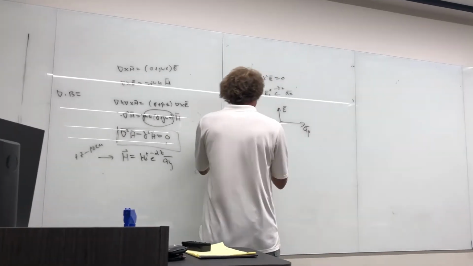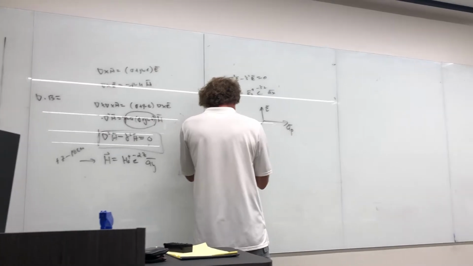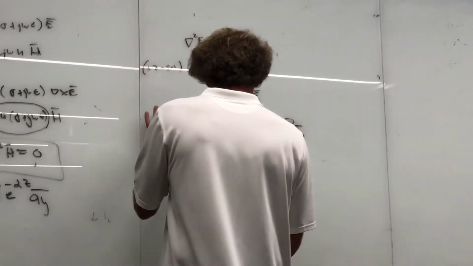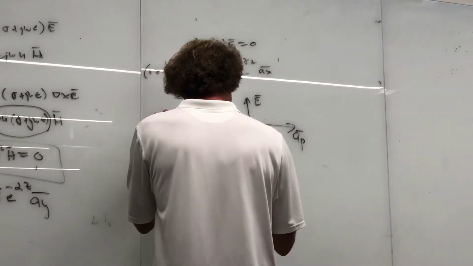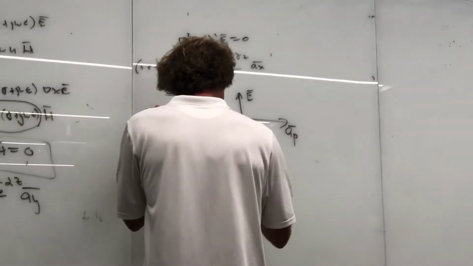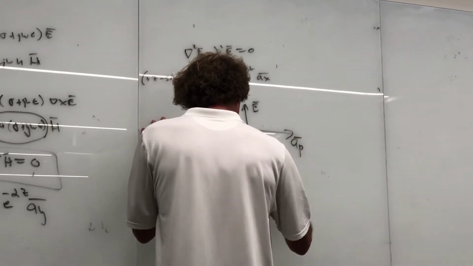the actual power, the instantaneous, or the power in general, P av, is equal to 1/2, and normally they put this 1/2, the real part of E crossed H conjugated.